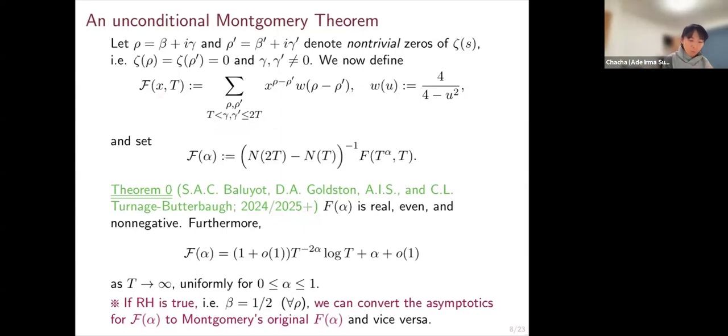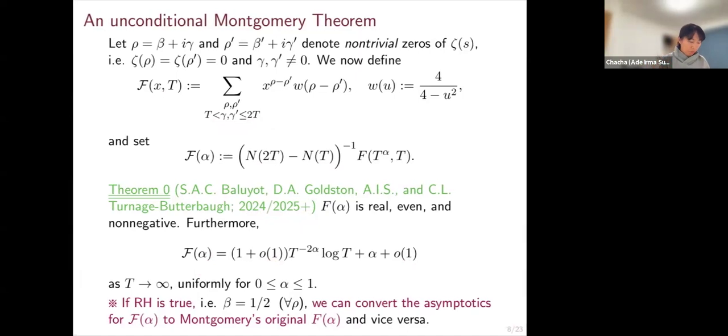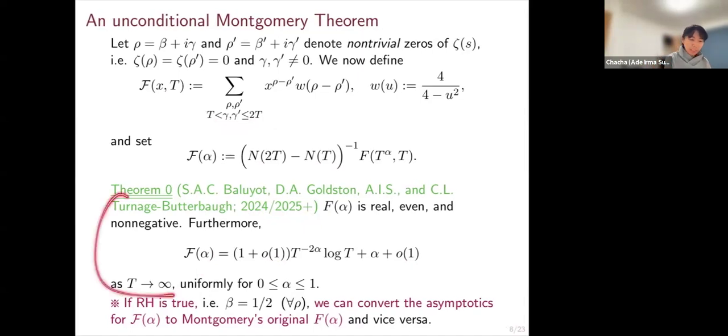Now, we still have basically the same asymptotic, but I want to keep it simple here because, at least for this talk, we don't really need it to be 1 over square root of log t. So I just write it as little o of 1, but that's all. Basically, what it says is exactly the same as what Montgomery said.